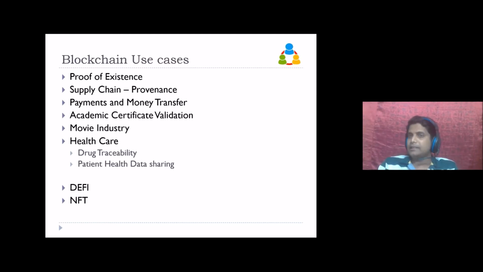The coffee example may not be helpful for a common man, but in scenarios wherein they want to prove that, let's say a company called Nike is manufacturing a shoe. Okay, Nike wants that the cotton which is used for that particular shoelace has to come from a farm in, say, New Zealand.